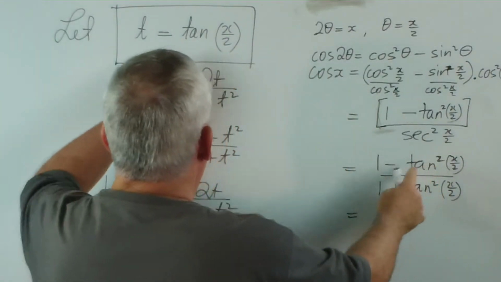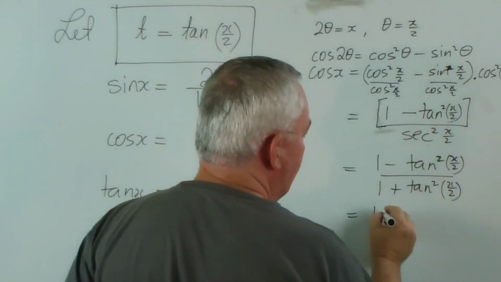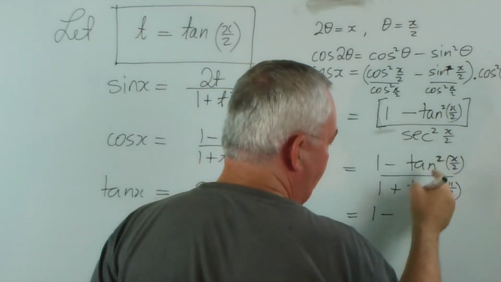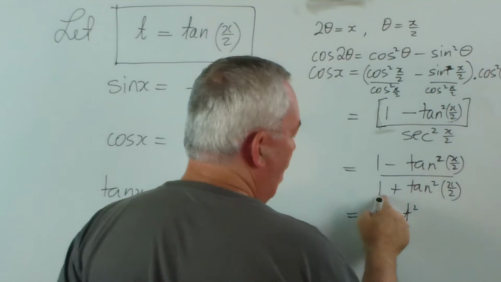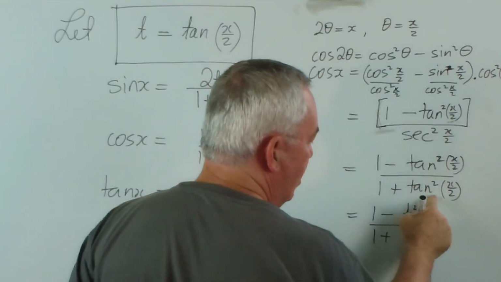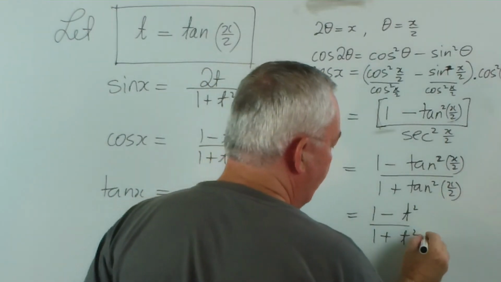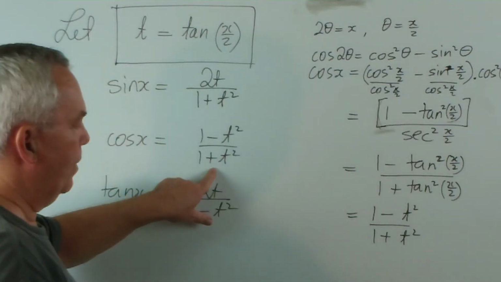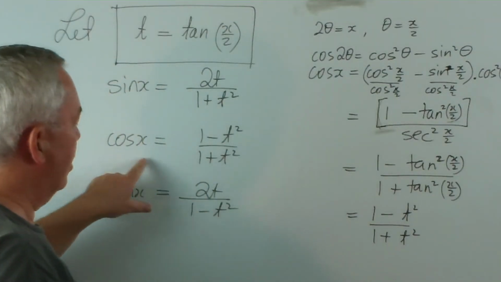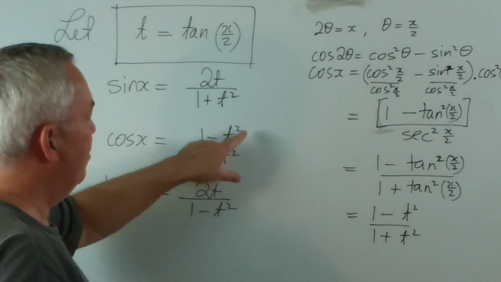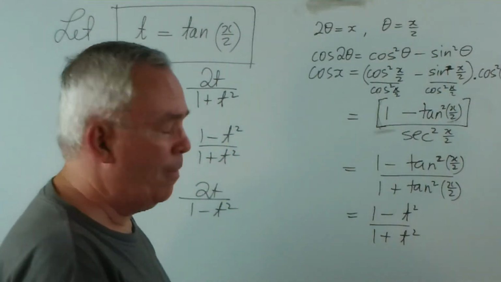And since we know that tan x on 2 is t, we've managed to get this in the form of 1 minus t squared over 1 plus t squared. And there's our cosine. Cosine of x converted into this form, given that definition.